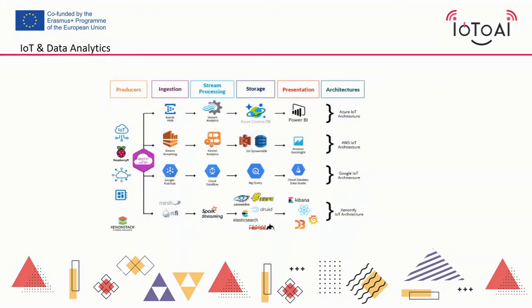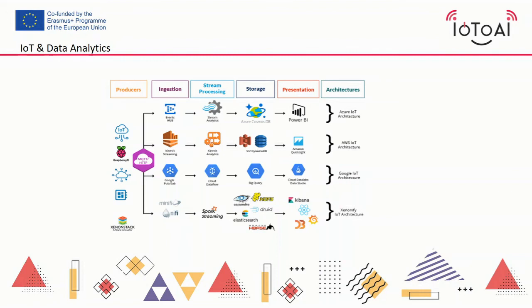There are different IoT platforms that offer different tools that permit to manage the data in the different stages: ingestion, stream processing, storage, and presentation. Here you can see that for different IoT platforms like Azure, Amazon Web Services, Google, or Synonymy, you can find different tools.